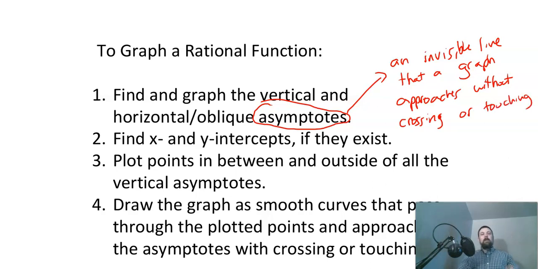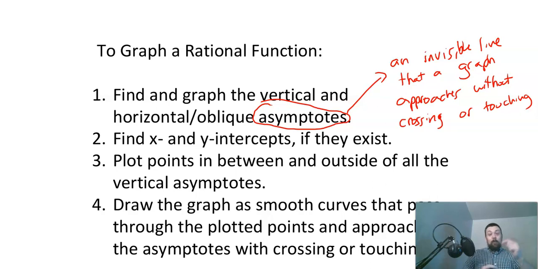And you kind of have to put an asterisk on the end of that because there are occasionally exceptions to that, which makes it kind of a bad thing to say, well, this is the rule. For an asymptote, the graph never crosses or touches, but sometimes it does. And so you never know, is this one of the sometimes?